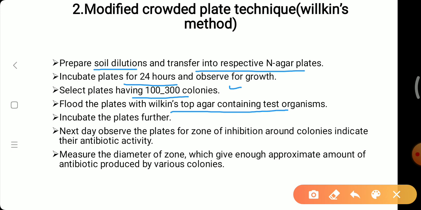Incubate the plate further. Next day, observe the plate for the zone of inhibition around the colonies, which indicates their antibiotic activity, and measure the diameter of the zone, which gives an approximate amount of antibiotic produced by various colonies.